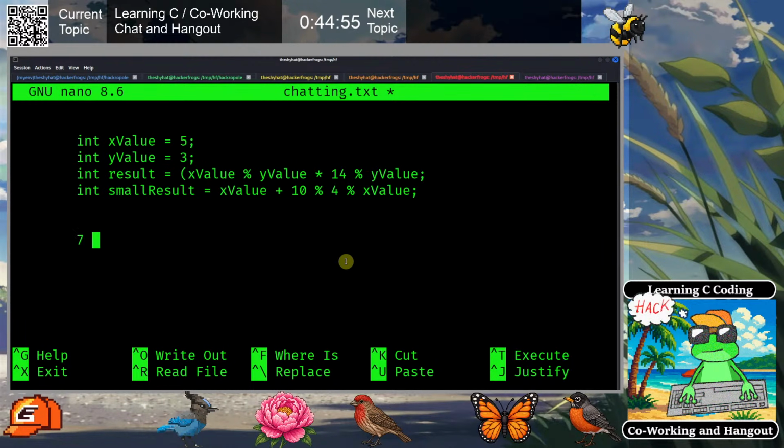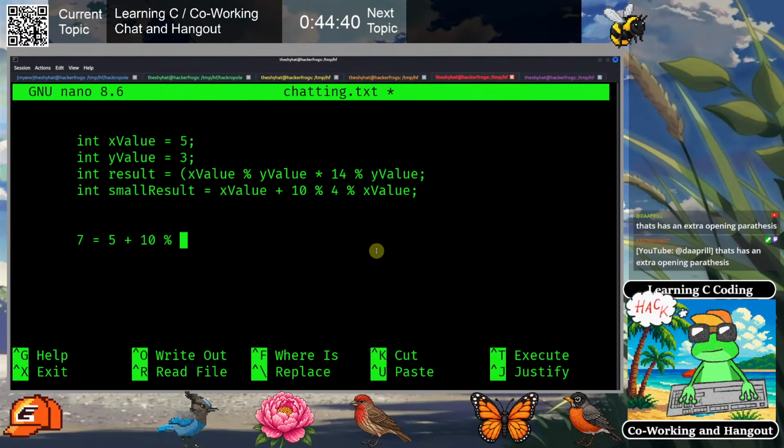So 7 is x value plus 10 modulo 4 modulo x value. So we're only dealing with x value, which is 5. 5 plus 10 modulo 4 modulo 5. That has an extra opening parentheses.